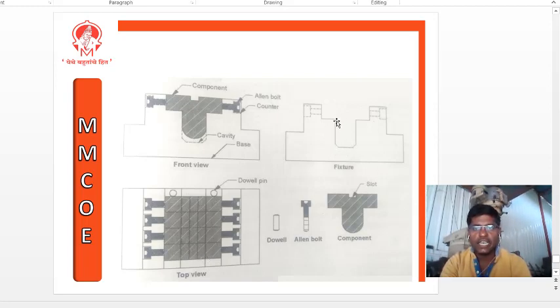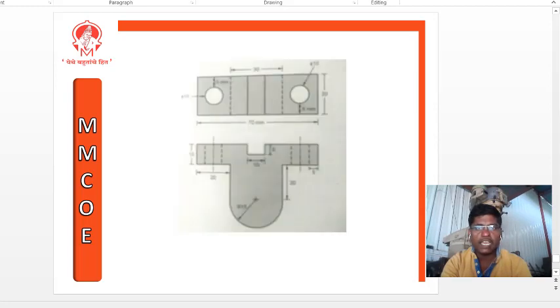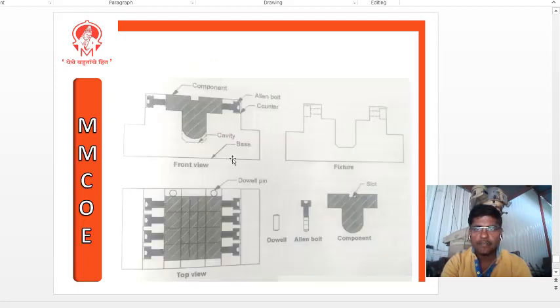In this picture I have milled a groove which is similar to, or you can say an opposite replica of, this job. Since we are having a circular portion over here, by using this I made a fixture like this. So this portion can be fixed in this cavity by using two Allen counter screws.